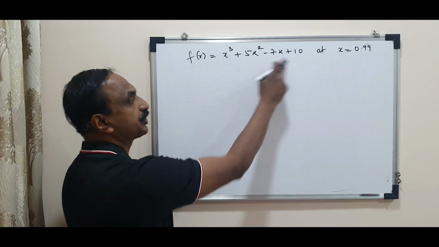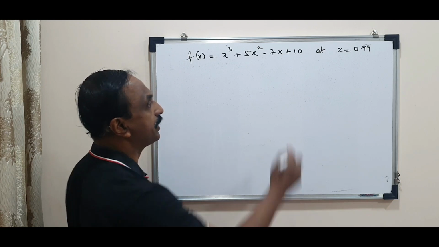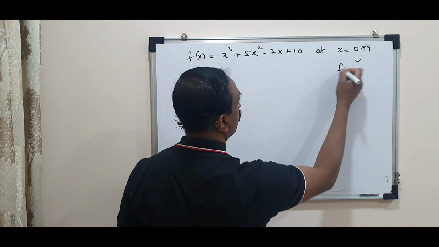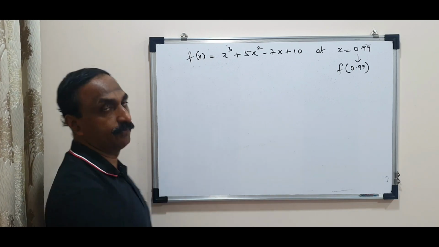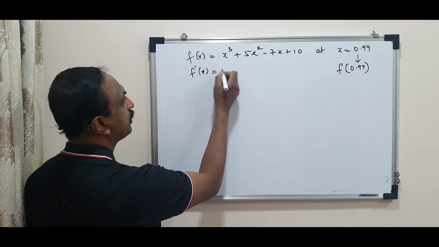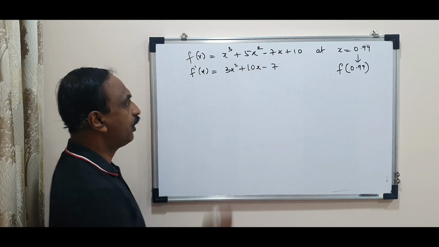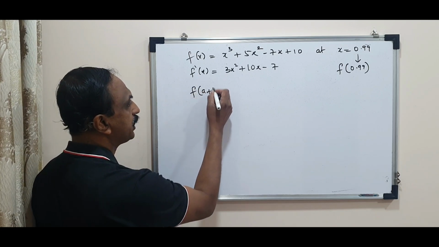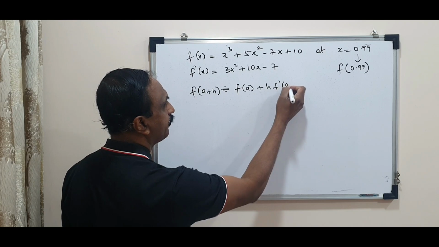They have given us the function and we need to find the value of the function at 0.99. Which means I need to calculate f of 0.99. So the function is already given to you in the question. So I will find the derivative of the function. Now I'll put the formula f of a plus h is approximately equal to f of a plus h into f dash of a.